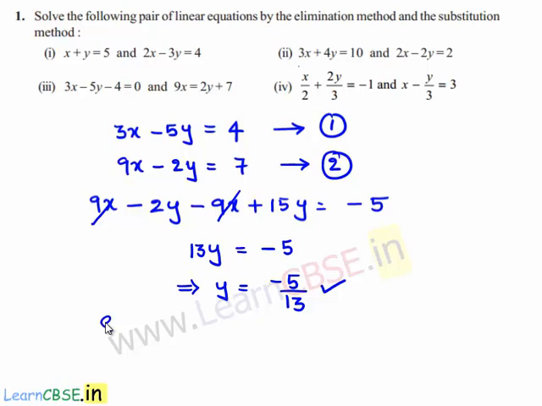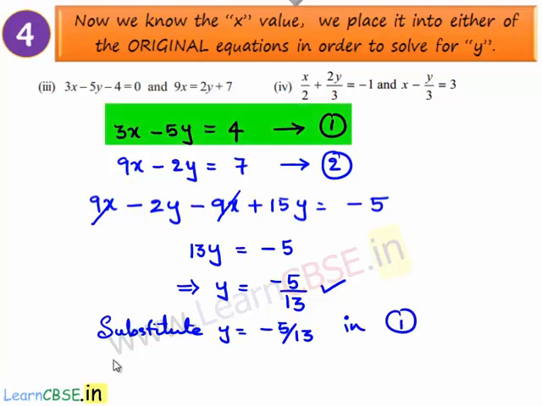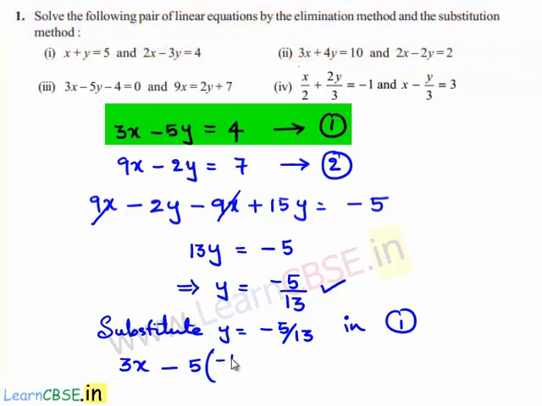Now let us substitute y is equal to minus 5 by 13 in equation number 1, that is 3x minus 5 times of y, which is minus 5 by 13, is equal to 4.